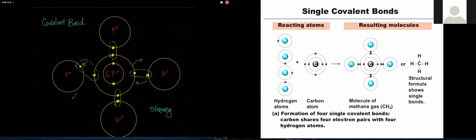And here I'm sharing just 1 pair of electrons, 1 pair of electrons, 1 pair of electrons, 1 pair of electrons. So we call the type of covalent bond in which I'm sharing 1 pair of electrons a single covalent bond.